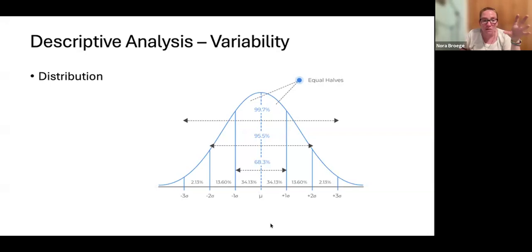So in a normal distribution, the majority of the data, 68.3%, falls within one standard deviation of the mean. 95.5% of the data falls within two standard deviations of the mean, and 99.7% falls within three, which means that the mean and the median are good representations of the data.